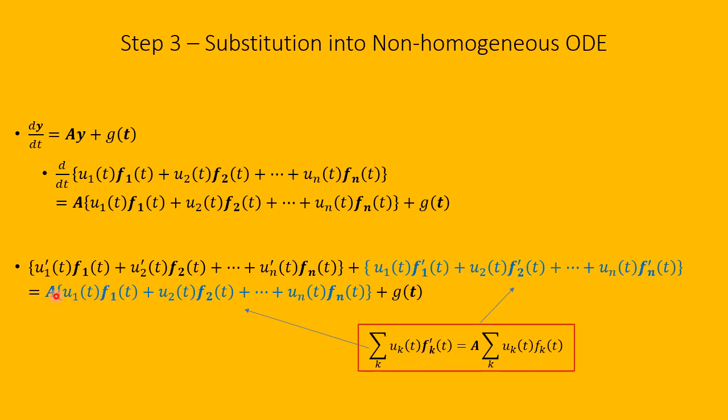Over here, we have A times the sum of the u sub k f sub k terms, and that's here. So this stuff here equals this stuff here. There's an equal sign here, remember. This is an equation. Okay, so this stuff in blue equals this stuff in blue. Subtract it from both sides of the equation, and we're left with this stuff right here equaling g of t.